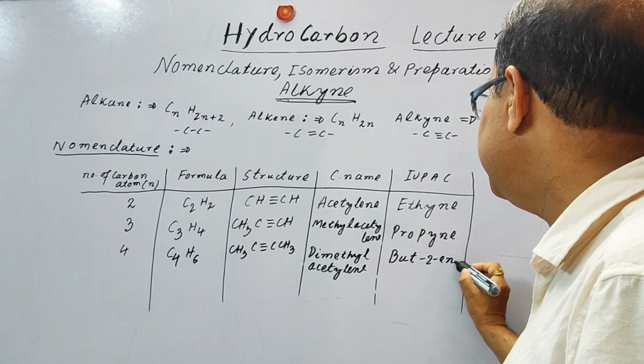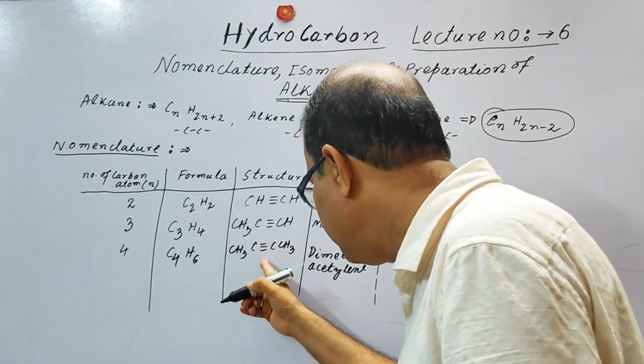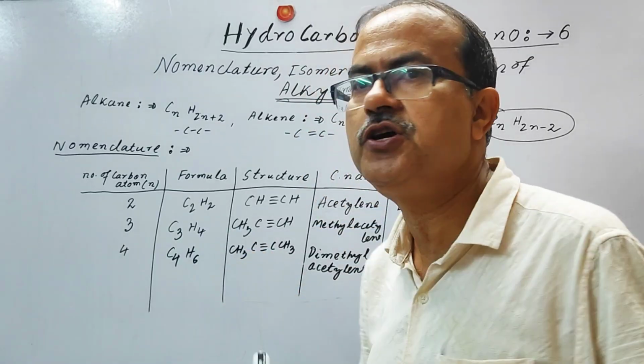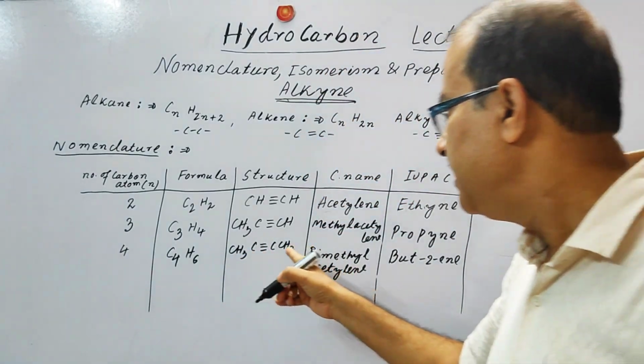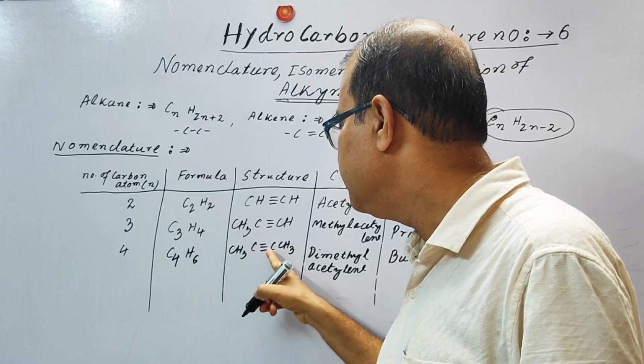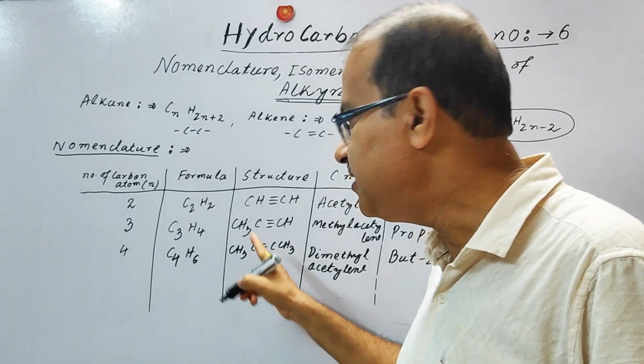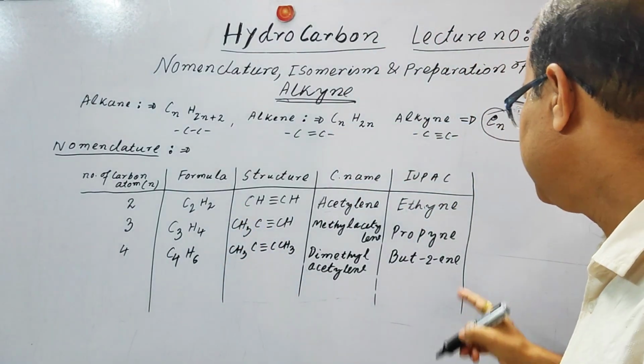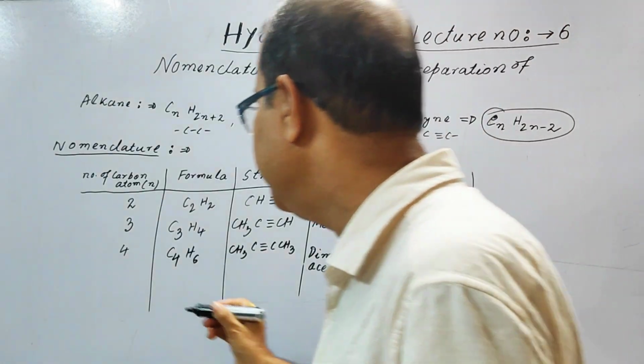Here you can see in the chain the triple bond is at the second position of the carbon atom: carbon 1, 2, 3 and 4. So in the second position this triple bond is there, so it will be but-2-yne.